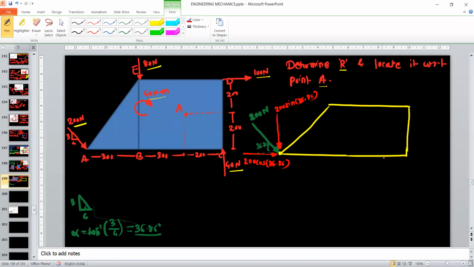The remaining forces are exactly vertical and horizontal. So this is 40, this is 100, and this is 80. At this point there is one couple present in the system, which is 40 Newton meter. And with respect to point A, we have to find the location of the resultant.